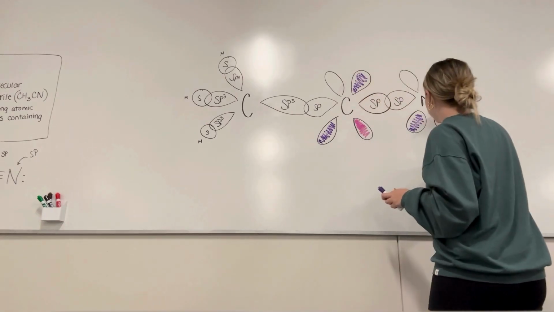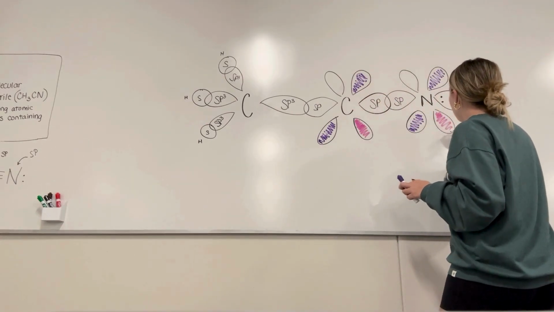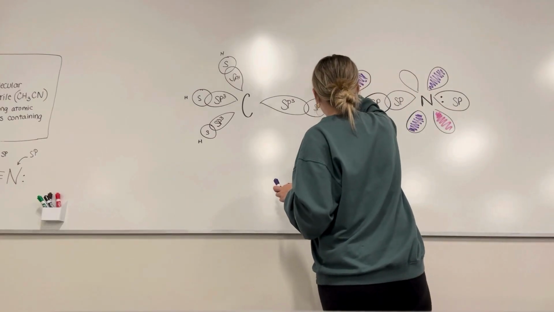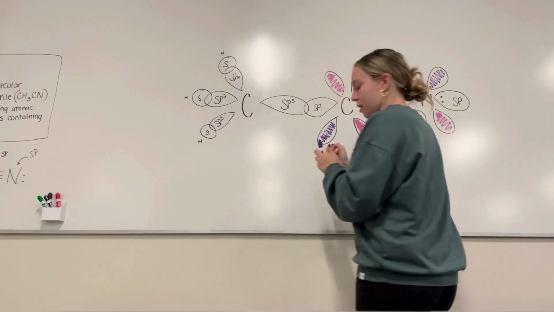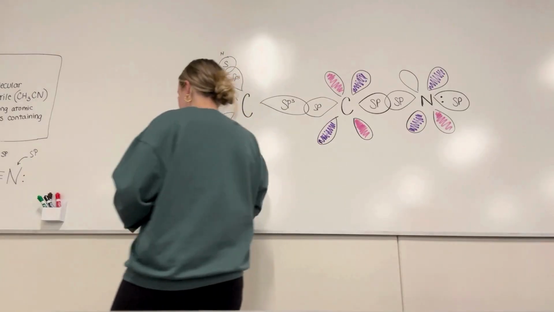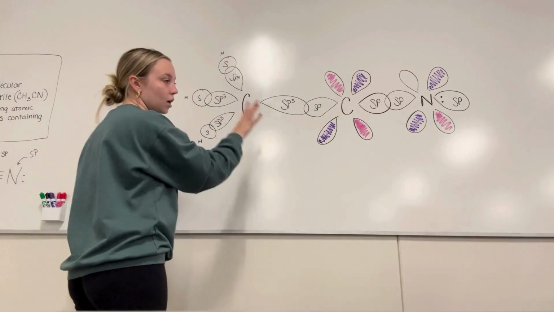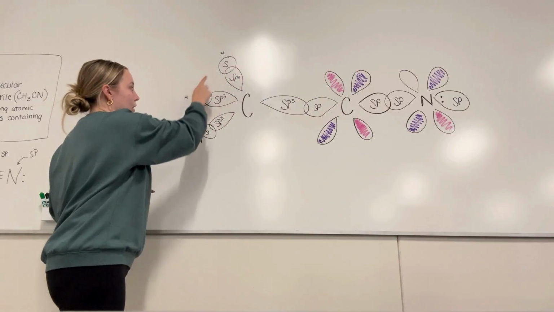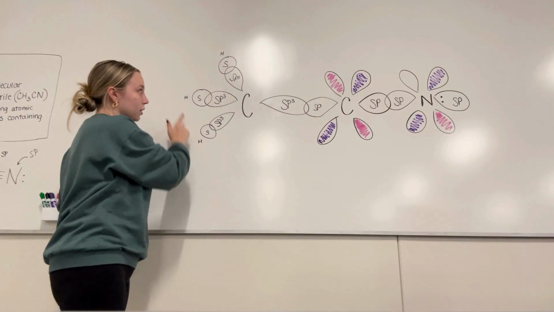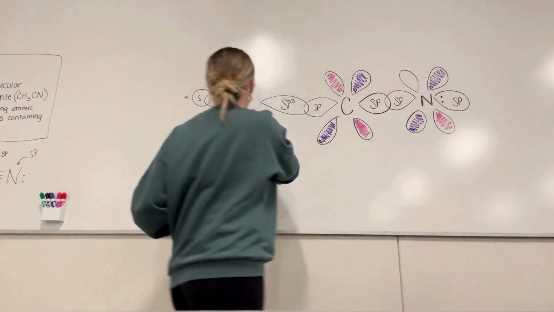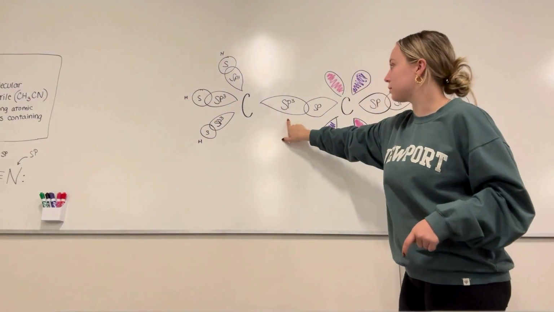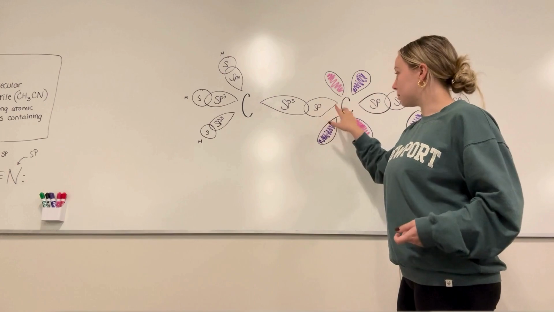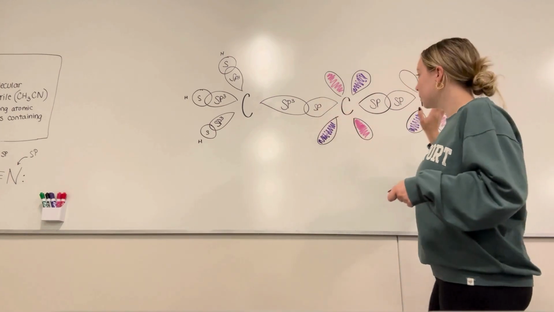Sorry, I'm just coloring it in so it makes more sense. And then I know that I did not color coordinate these, so it's a little hard to follow, but sp3 overlaps with s for the 3 hydrogens, and then this carbon has an sp3 overlapping with an sp to the second carbon.